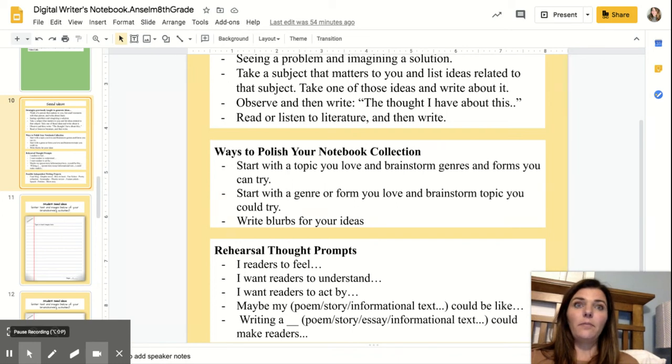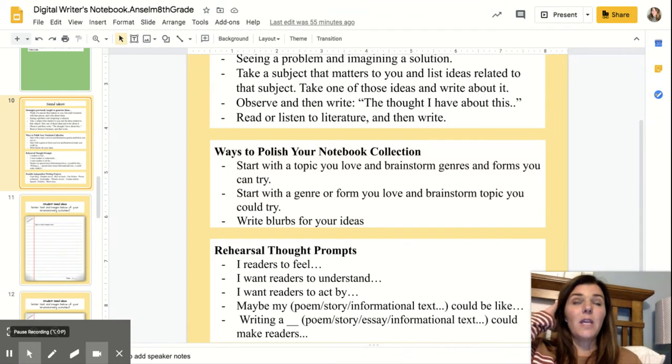for your independent project that we're going to be doing. So by the end of today, you should really be making the decision about what you're going to write about for your independent project.